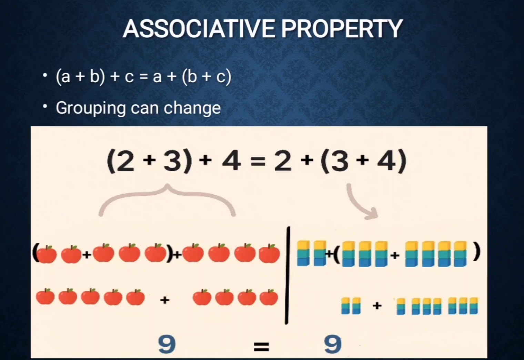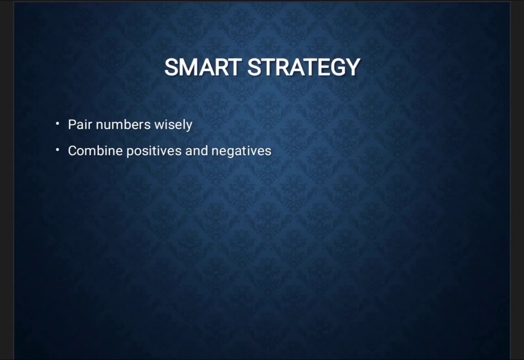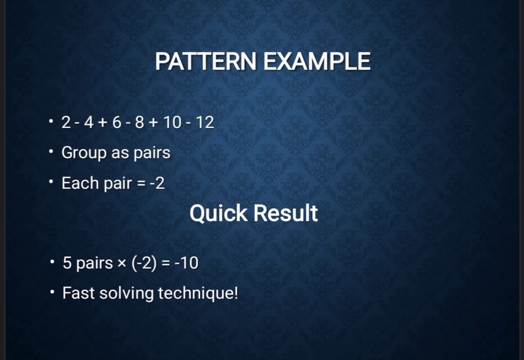On the left-hand side, we group A and B, whereas on the right-hand side, we group B and C together. So (2 plus 3) plus 4 is equal to 2 plus (3 plus 4). We solve the brackets or the grouping first and then add the next number. The result is the same. Again, pair the numbers wisely and combine positives and negatives is the smart strategy behind the associative property. This grouping of numbers helps solve longer problems in seconds.